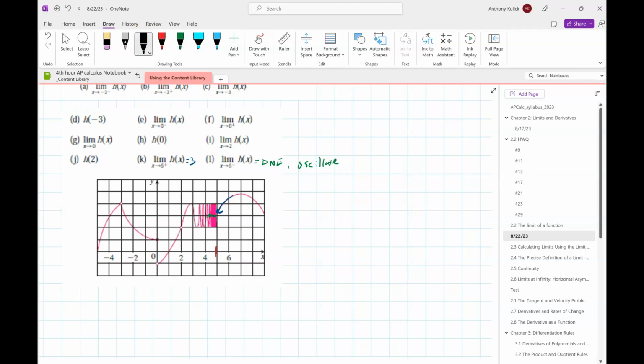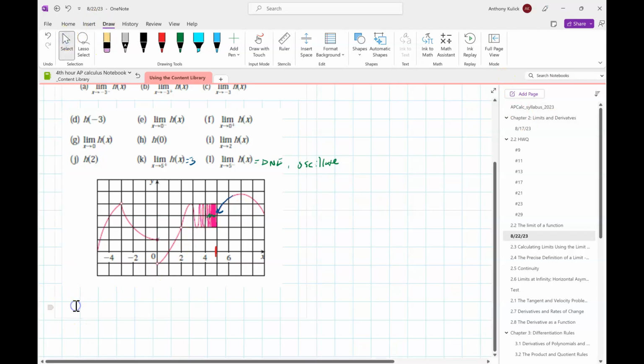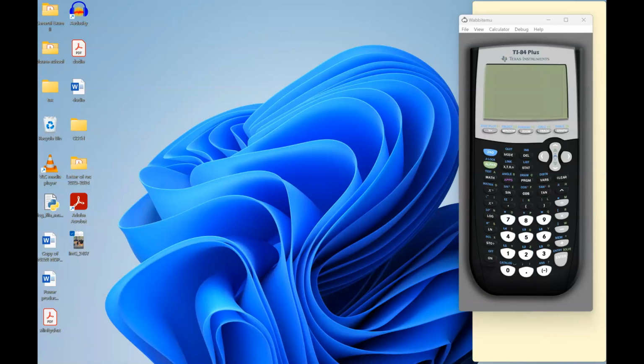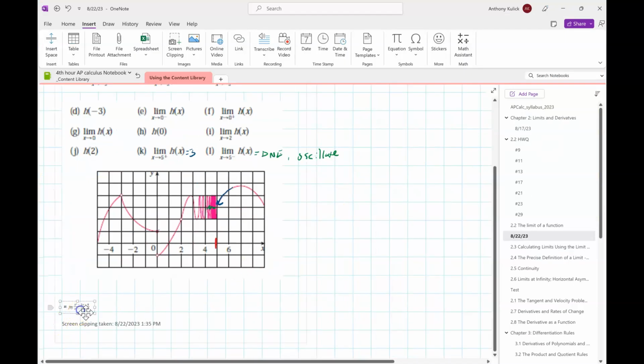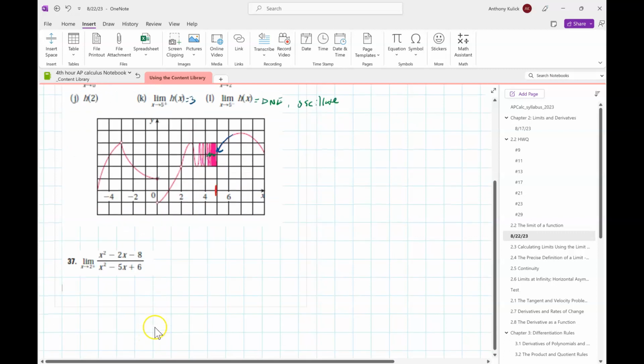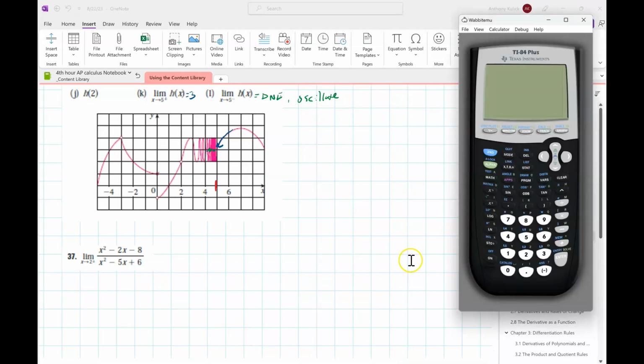37. So here it says determine the infinite limit. I would probably start by just looking at the graph, because we really have only 2 ways to do this, either graph or table.